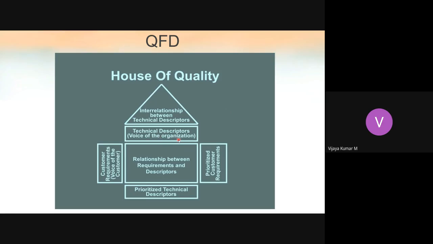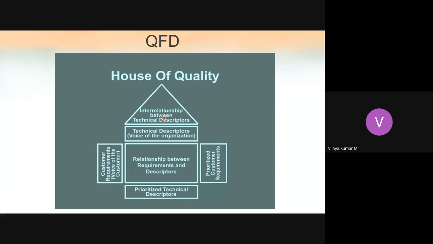Generally, the voice of the organization depicts the technical descriptors. Above this, you may find a roof-like shape. It depicts the interrelationship between the technical descriptors. What technical descriptors you have, that interrelationship you can find at the rooftop.